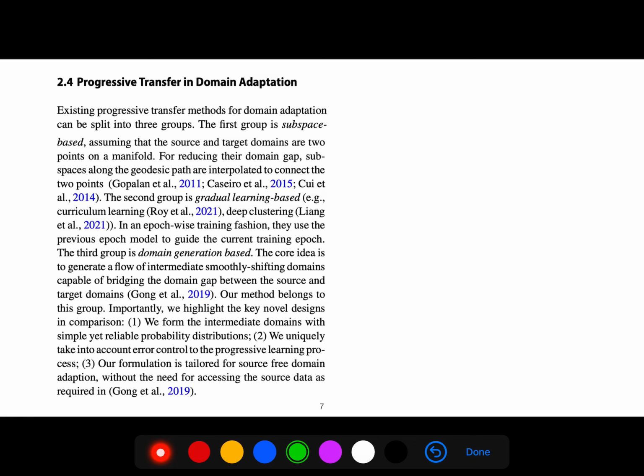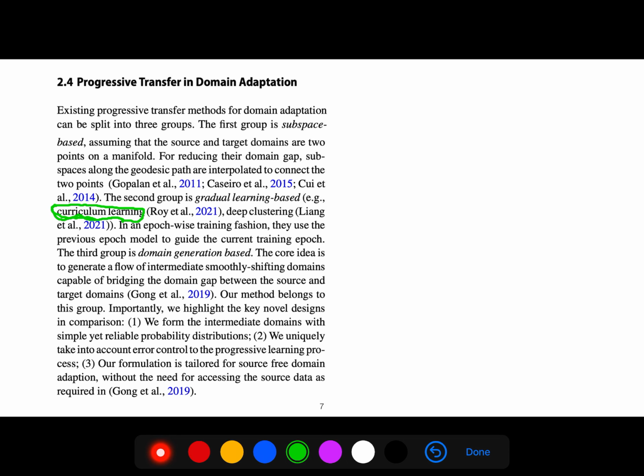The second group is gradual learning based, for example, curriculum learning. This is, of course, you can use all techniques of active learning for curriculum learning, because the only difference between curriculum learning and active learning is that in active learning, we are interested in unlabeled data.